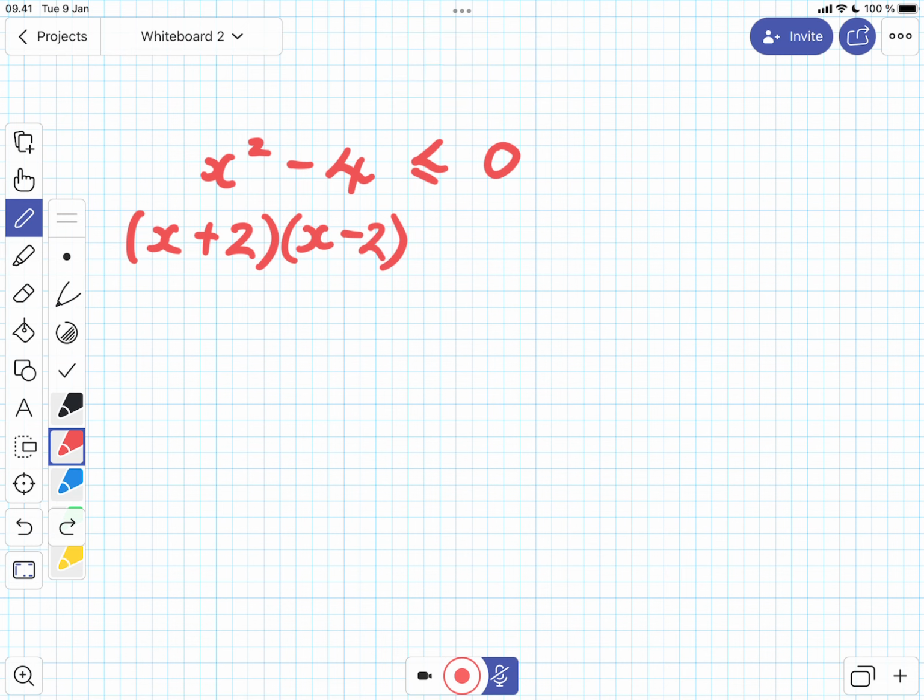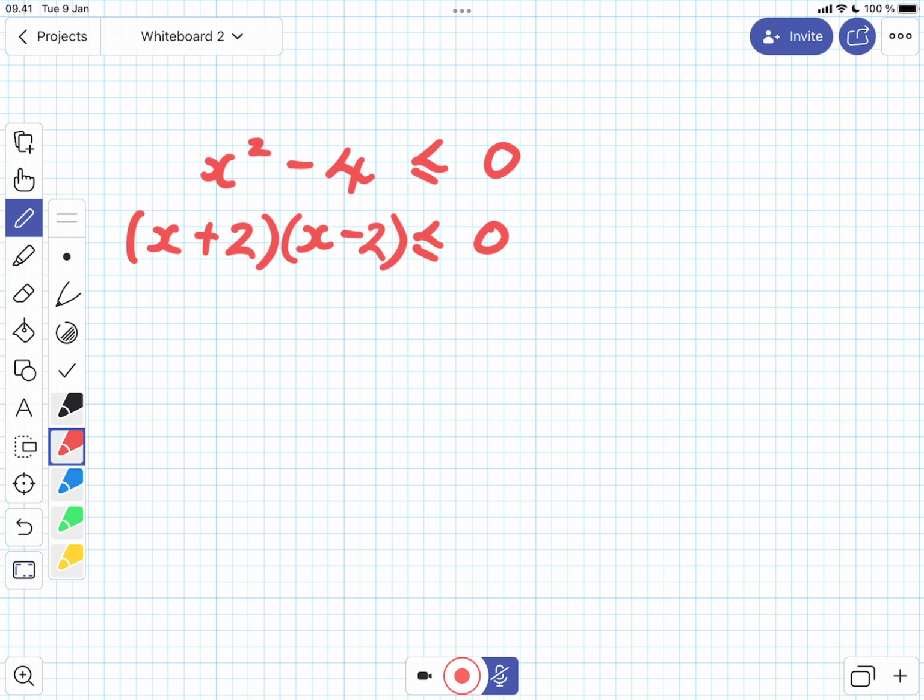Also, anything with x squared minus a square number is a standard factorization of plus and minus the square root of the square number. So that is a kind of standard one you can recognize. But in any case, x plus 2 times x minus 2 is less than or equal to 0.